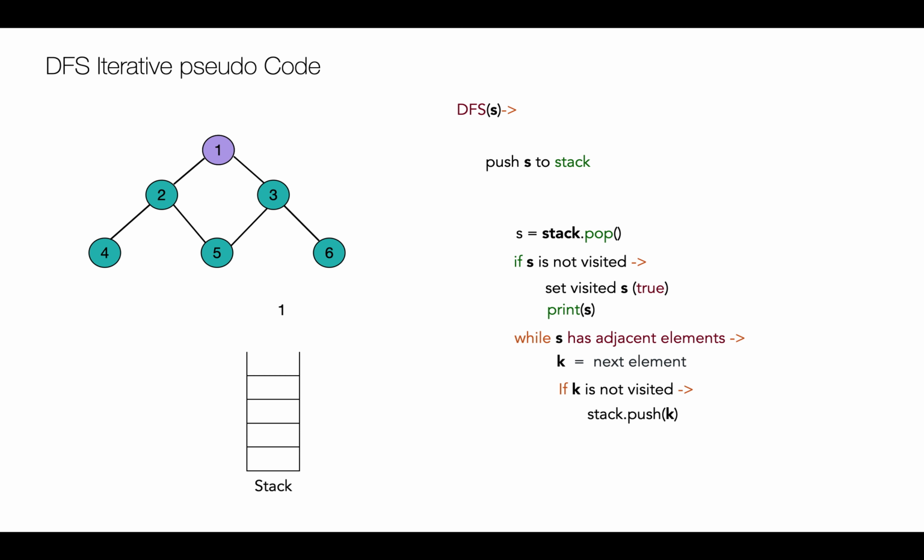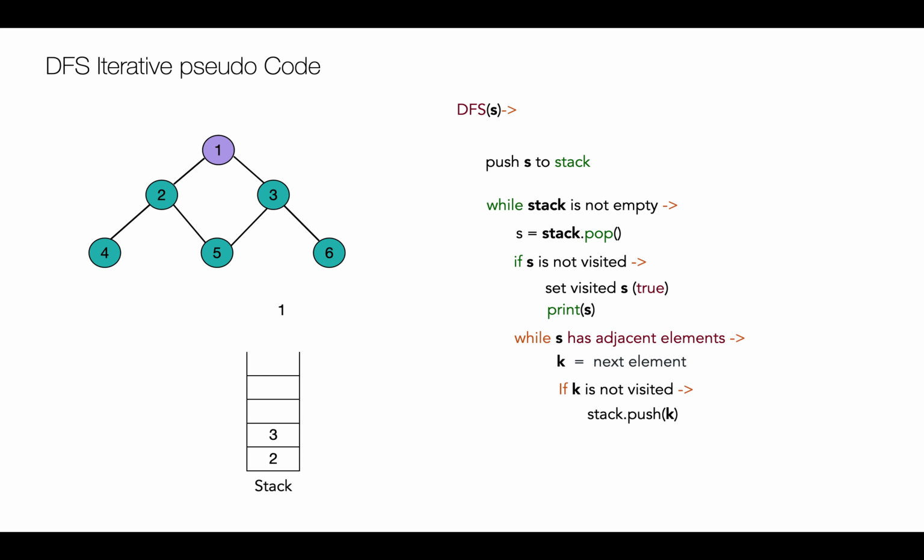This goes on inside a while loop for all the vertices. Each time a vertex gets popped out of the stack, its adjacent vertices that are not yet visited get pushed into the stack. So here we are using a stack because of its last in first out property.